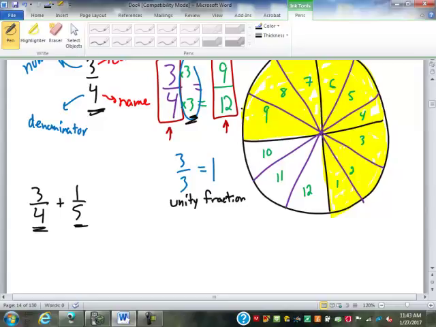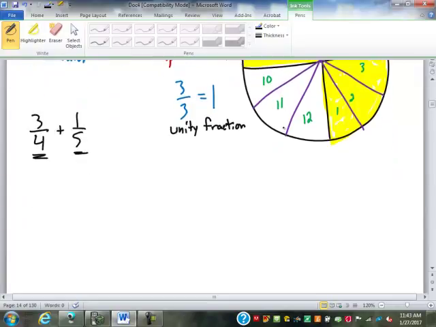In reality, there's going to be a specific name that we want to change the fraction to. For example, if we have 2/5, let's say we want that name to be 35ths. So we have to figure out what we are going to multiply this beginning fraction by.